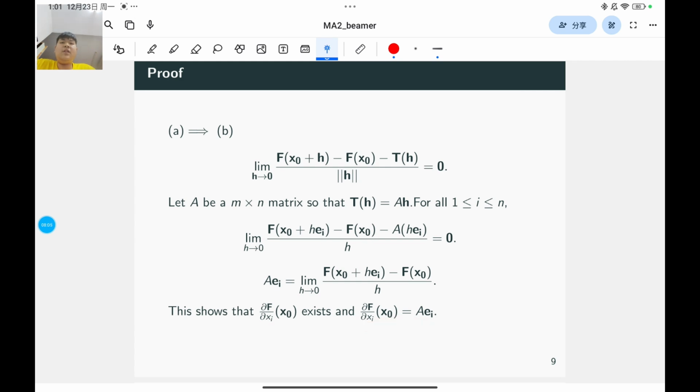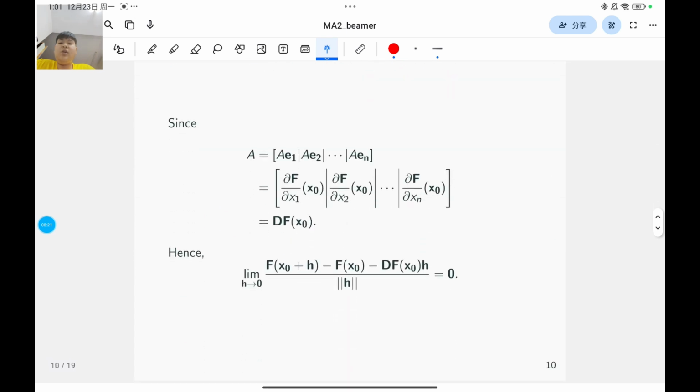But it is not enough to prove that the partial derivative exists. If we want to prove B is true, we also need to prove the limit is equal to 0. So let's see how. Here A ei means the i-th column of matrix A, so we can write it like this.